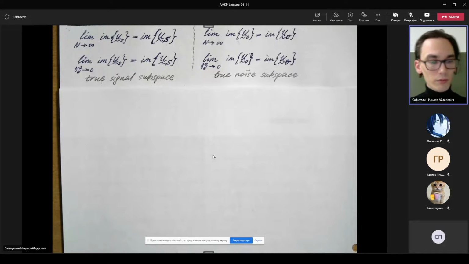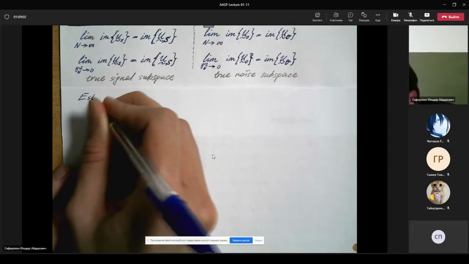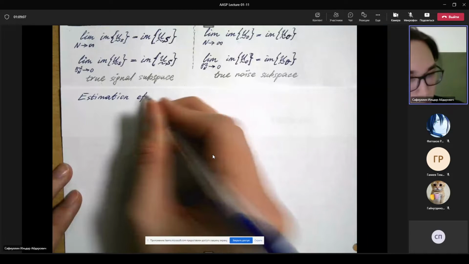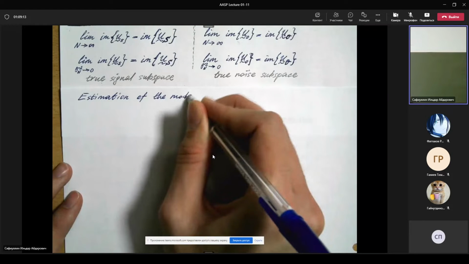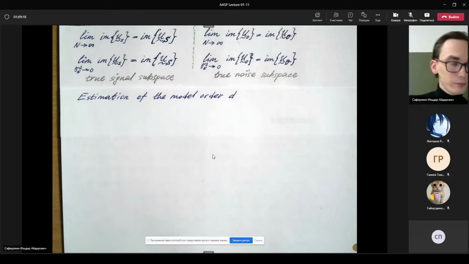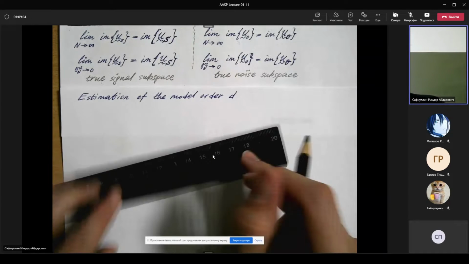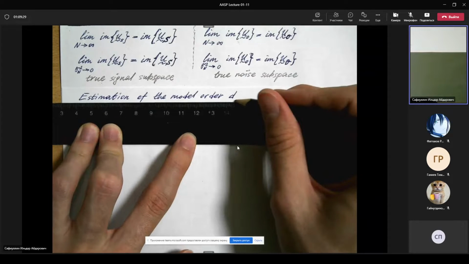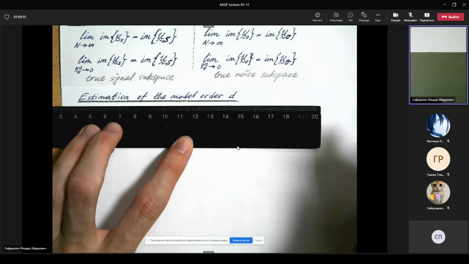So, estimation of model order D. Estimation of the model order equal to small g. I will use 2 underlines for this part.